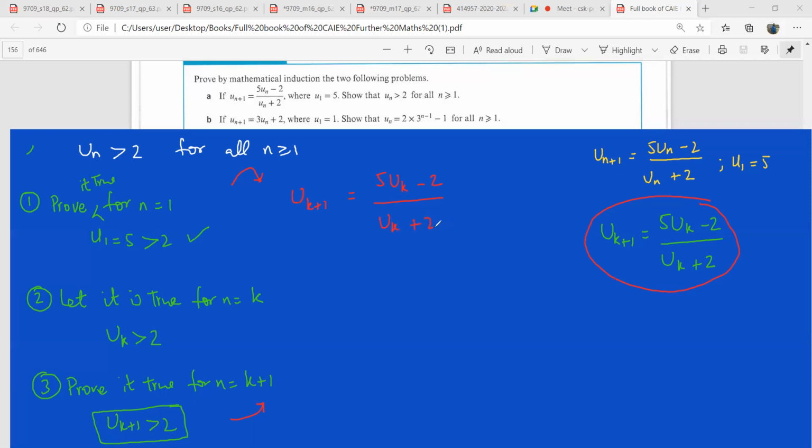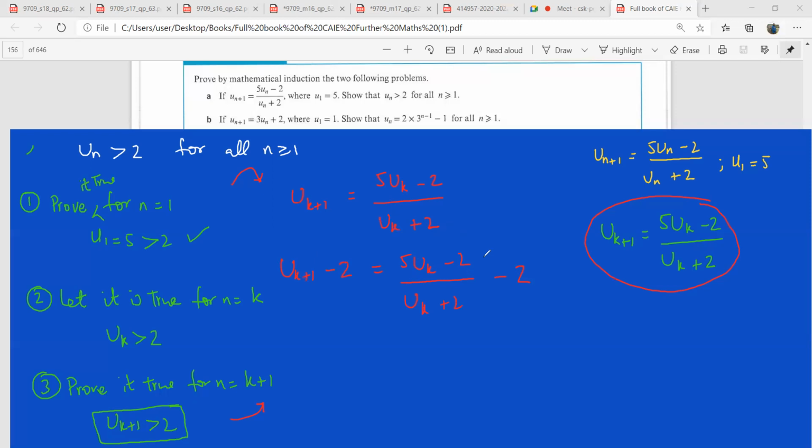Now my plan is that I'll write uk plus 1 minus 2, and do that minus 2 on the other side as well. Let me tell you why I am going to do this. I have brought this minus 2 over here.